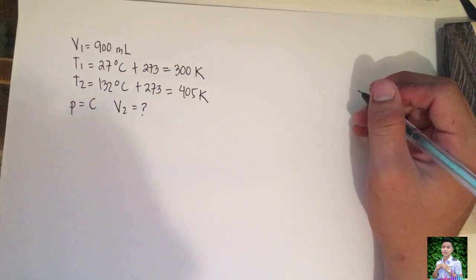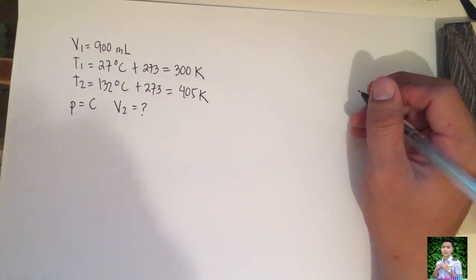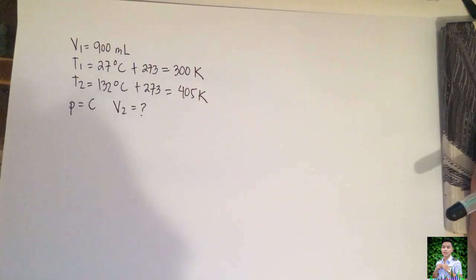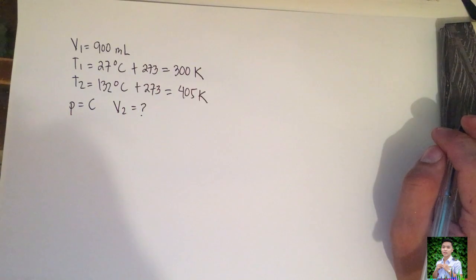So, what part of Charles' law should we use? Correct, we can use the first part of Charles' formula, which is V1 over T1 is equal to V2 over T2.